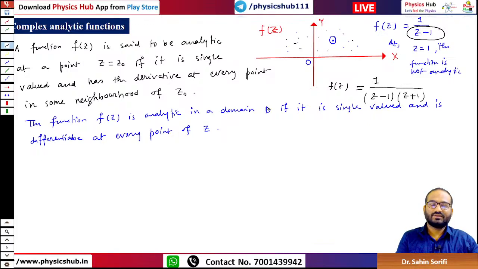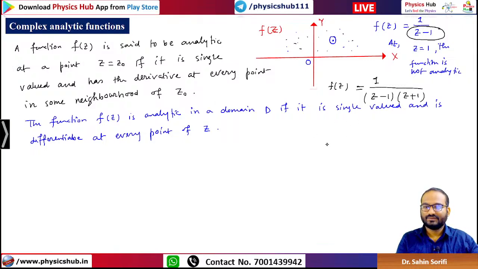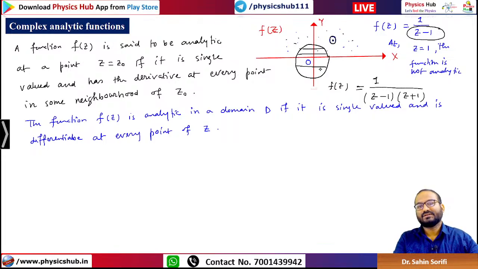Let's say the domain is a circle. Let's say this f of z has a singular point, or the point where this f of z is diverging. This is the point. Now, if you take a region like this, within this region is the function analytic or not?